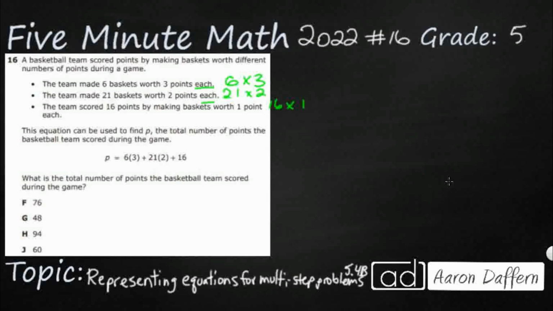But you know what? Their equation looks different than mine. If I were to write an equation, so P, this is what I would write. P is the points. Right, so I've got my 6 times 3, add that to the 21 times 2, and add that to the 16 times 1.